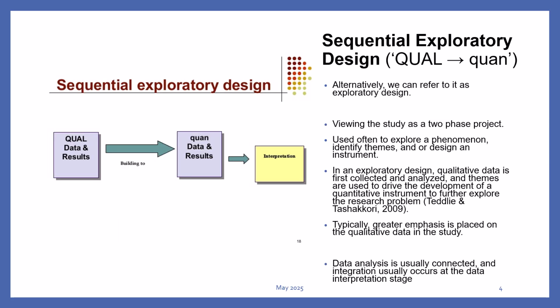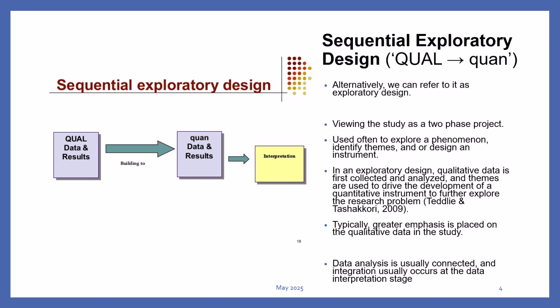As we mentioned, we will start with the sequential exploratory design. As you can see in the slide, the notation of this type of design starts with qual, which means the qualitative data, then an arrow indicating sequence to quantitative data.